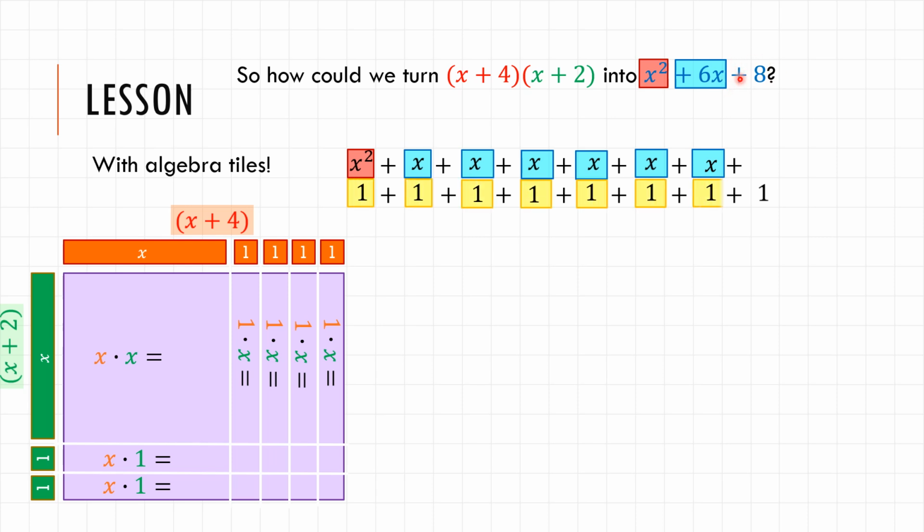So I have 8 tiles that have an area of 1 each. So the total area here is x squared plus 6x plus 8. And I got that just by using algebra tiles to make a rectangle, cut it into pieces, find the area of each piece, and then just added them all up to get this.